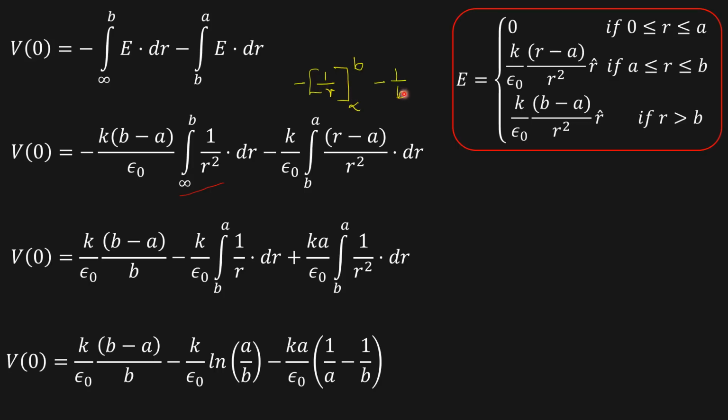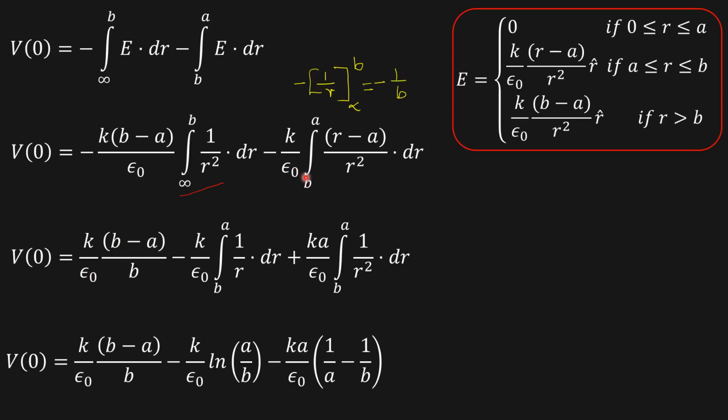So don't worry about the lower limit, only the upper limit, which is equal to minus 1 over P. You already have one negative sign here, so if you replace this integral by minus 1 over P, minus of minus will become plus. So this will become 1 over P, that is K over epsilon naught (P minus A) over P.